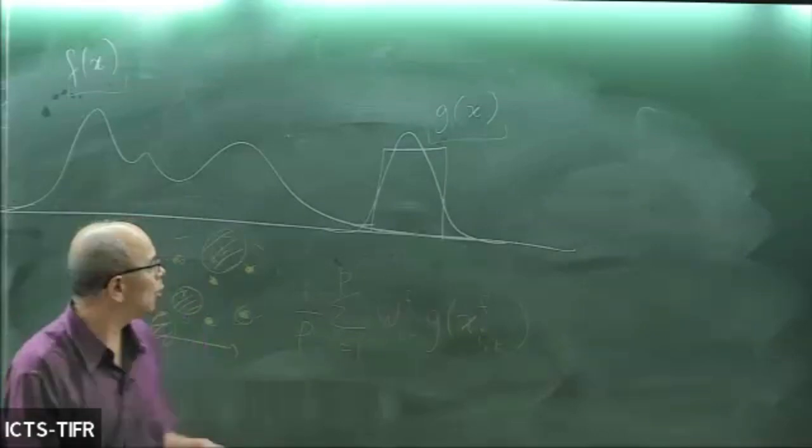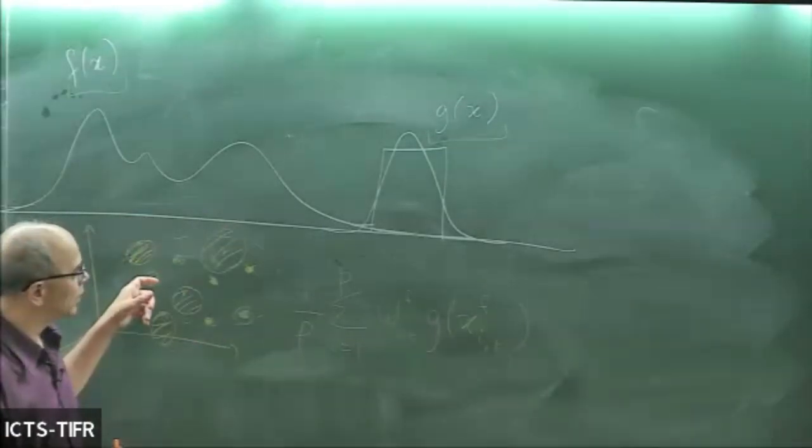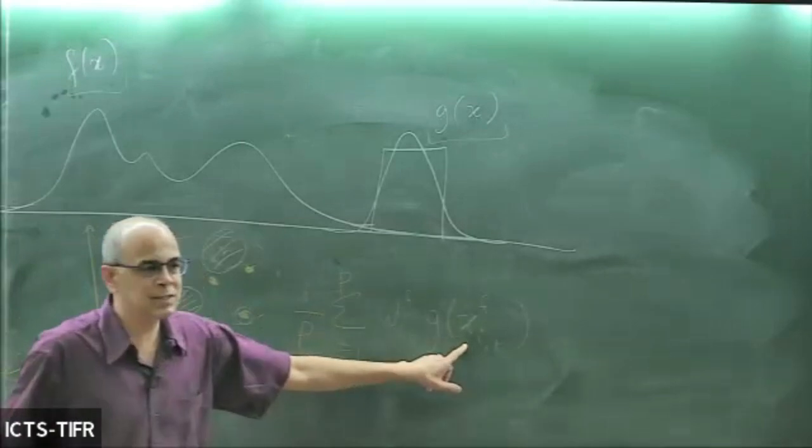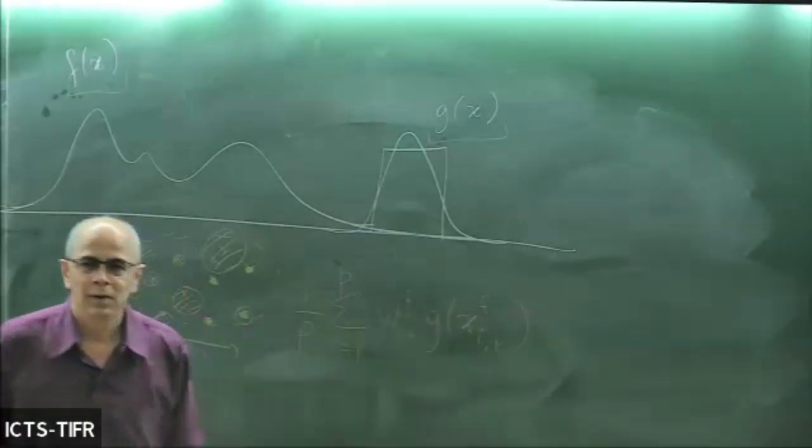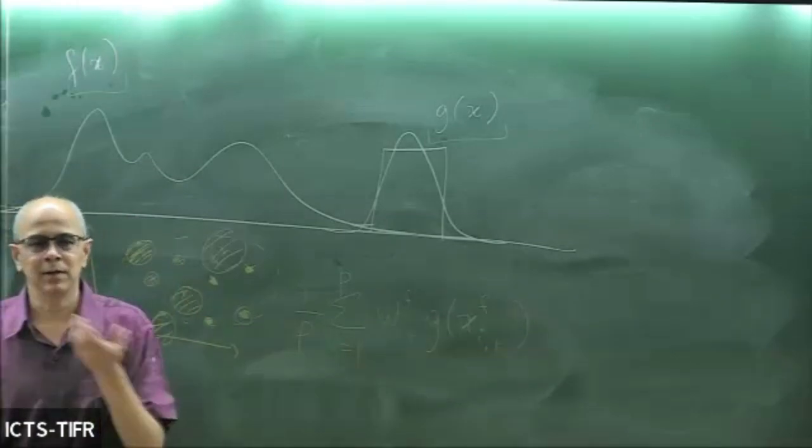So if you want to simply compute the mean of this ensemble, it's not just the sum of all the ensemble members divided by P. You have to multiply by the weight, and that's the formula.